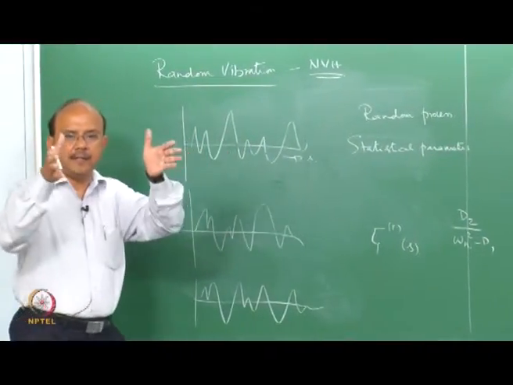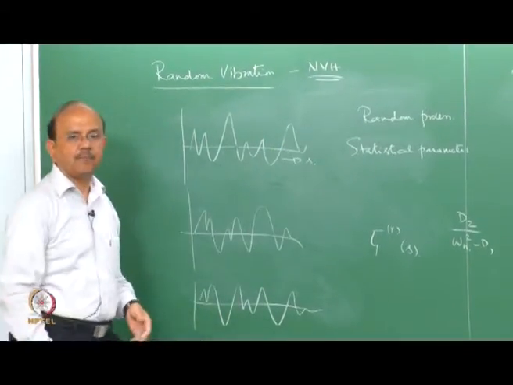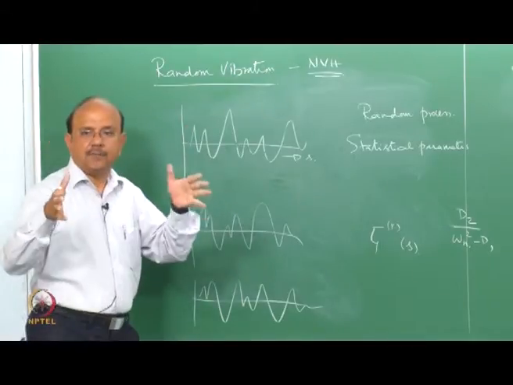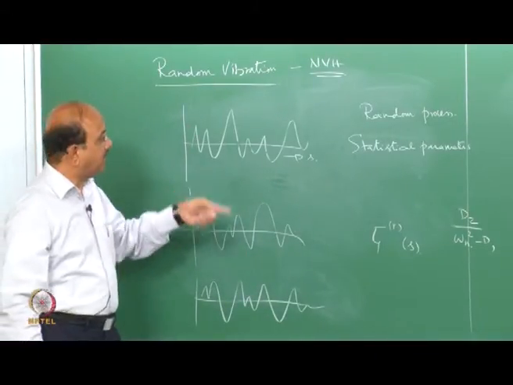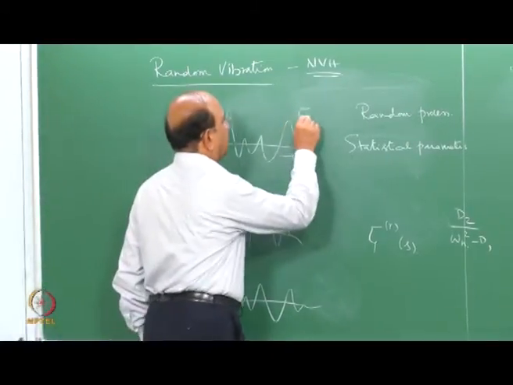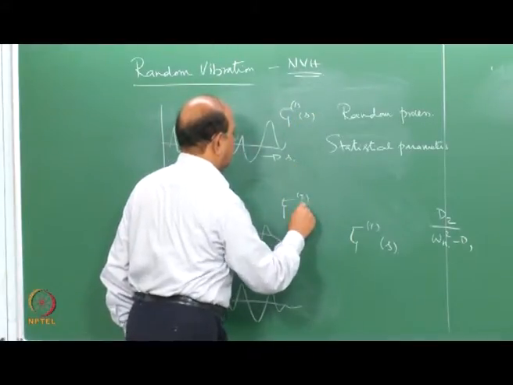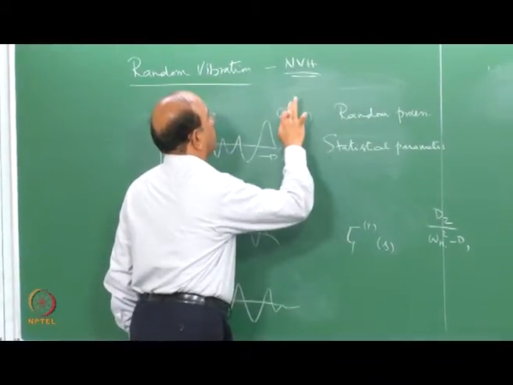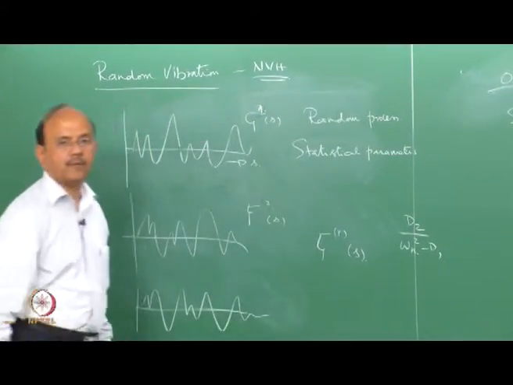I start a strip, I take readings from the strip, that is the S, and I take another strip and another strip and so on. I take a number of such readings, so this I would call as zeta 1s, this I'll call as zeta 2s and so on.